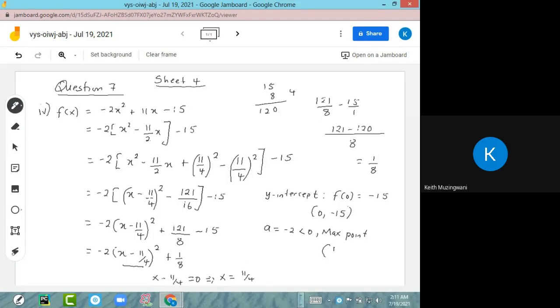So we have 11 over 4 for x, comma y, 1 over 8, like that. That's the maximum point. Then from there, we get the x-intercept. That's the only thing remaining now. The x-intercept, where we equate this whole thing to 0.